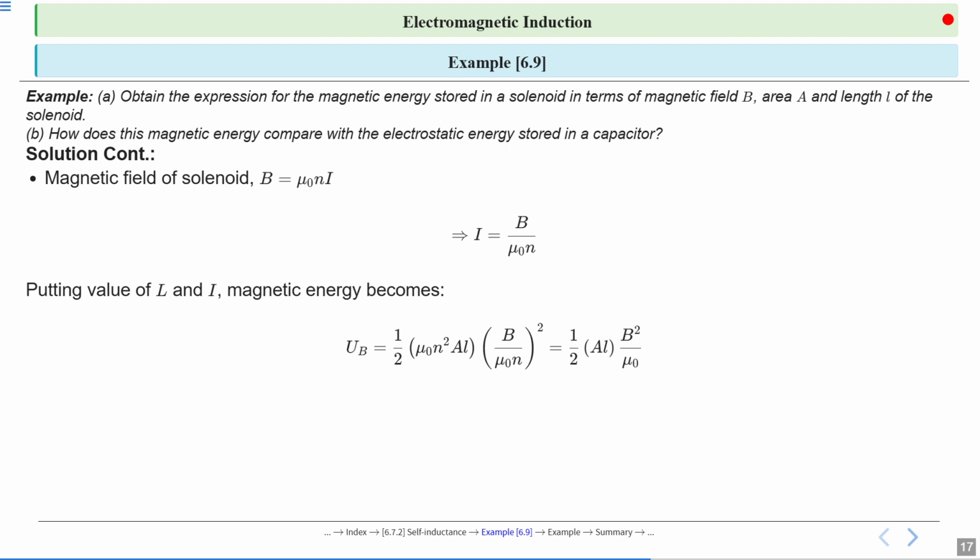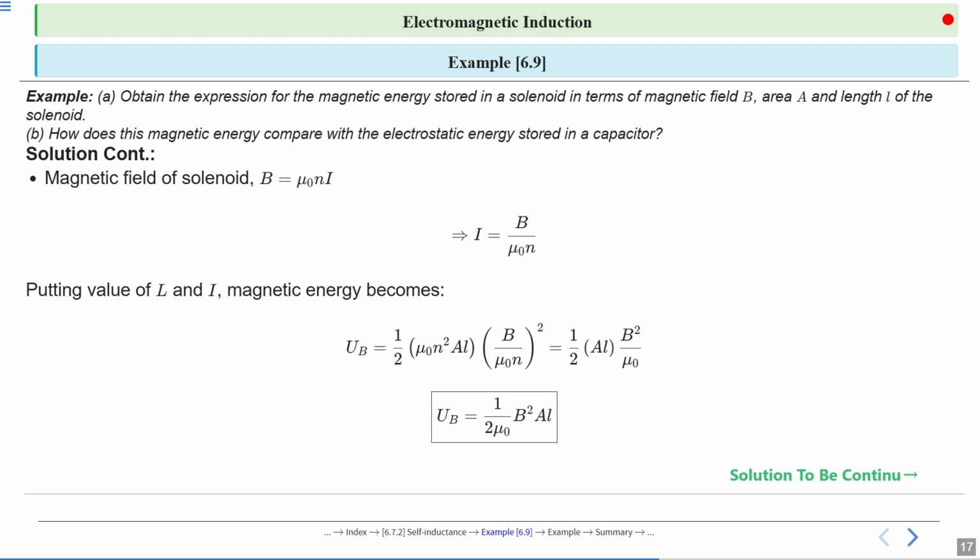L will be mu naught N square AL and I will be B upon mu naught N. It will result in half AL B square upon mu naught after simplifying. So in terms of B, A and L, UB will be equal to half B square upon mu naught into AL. This AL is the volume of the solenoid, area into length.